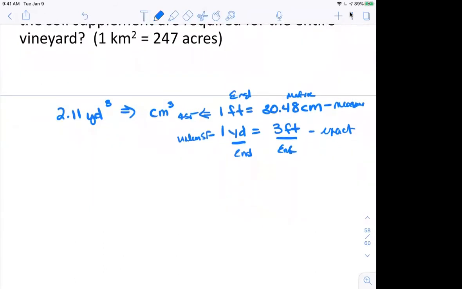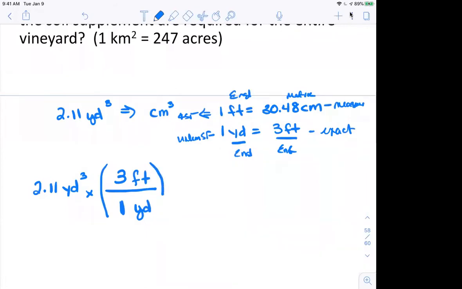So I start with my given, 2.11 yard cubed. Now the first thing I want to do is go from yard to feet. So I have 3 feet times 1 yard, but this whole thing has to be cubed. And then I'm going to go from feet to centimeters. This whole thing has to be cubed.